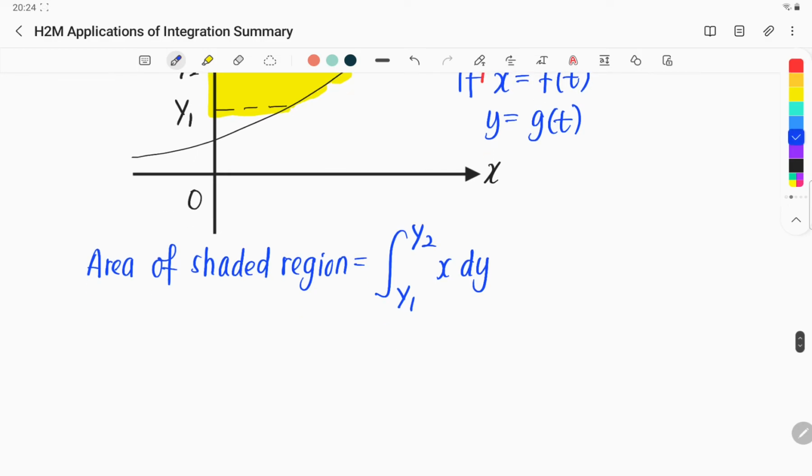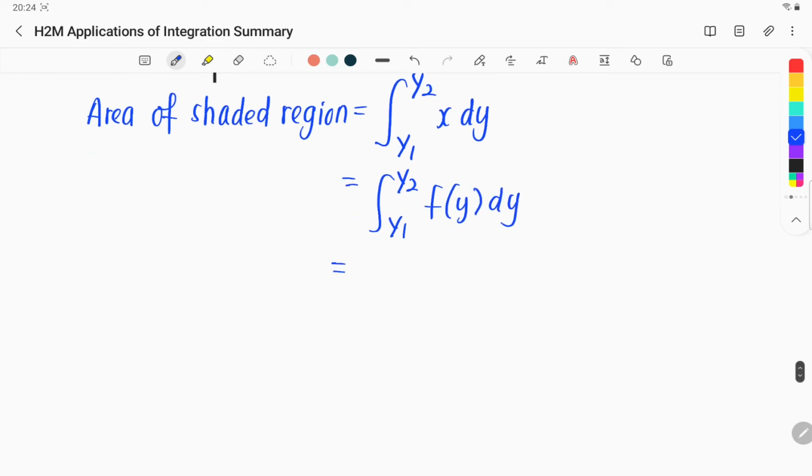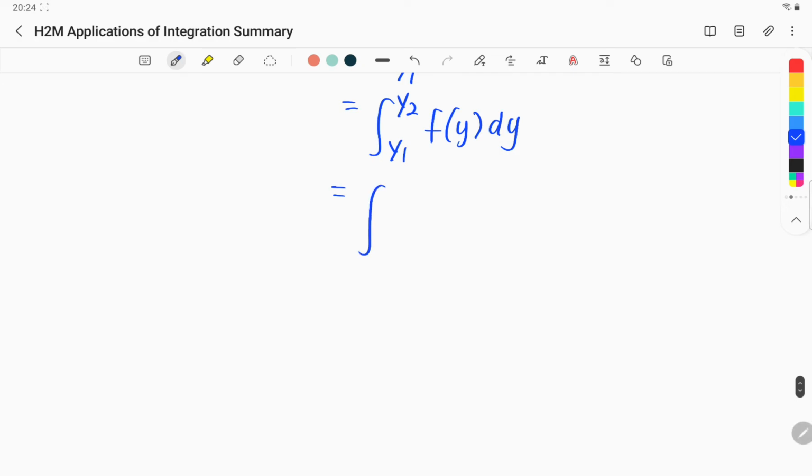It will make total sense from the above illustration to write f of y dy. Then again, the idea behind parametric is the replacement. We will replace term by term: the y limits with t limits, the f of y, and the dy.